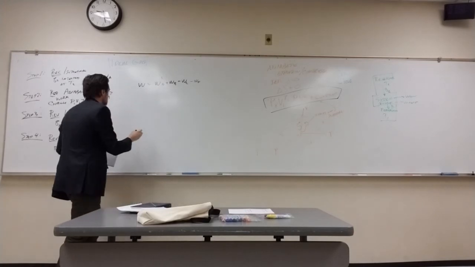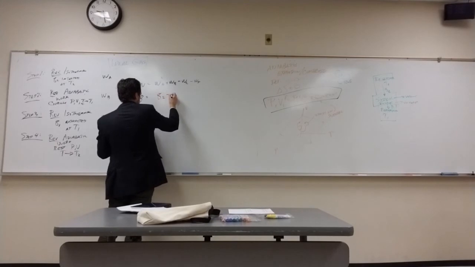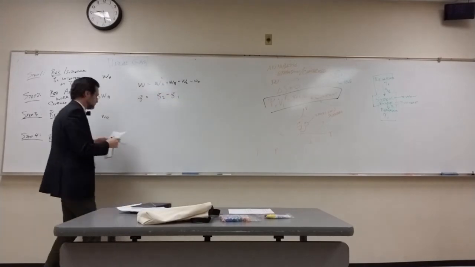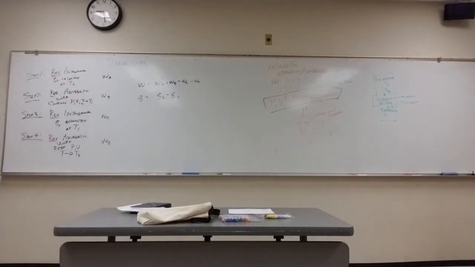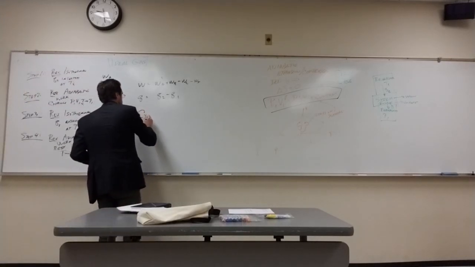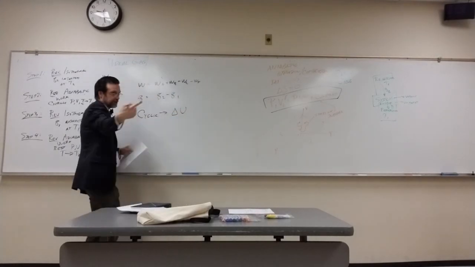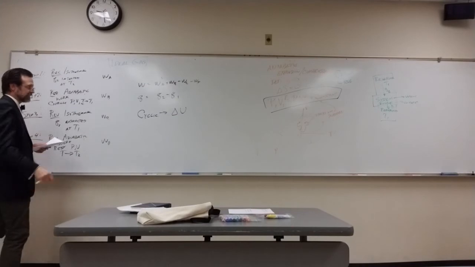And the total heat that passes is Q2 minus Q1. Because the process is cyclic, that means the initial and the final energy of the system has to go back. It's a state function.